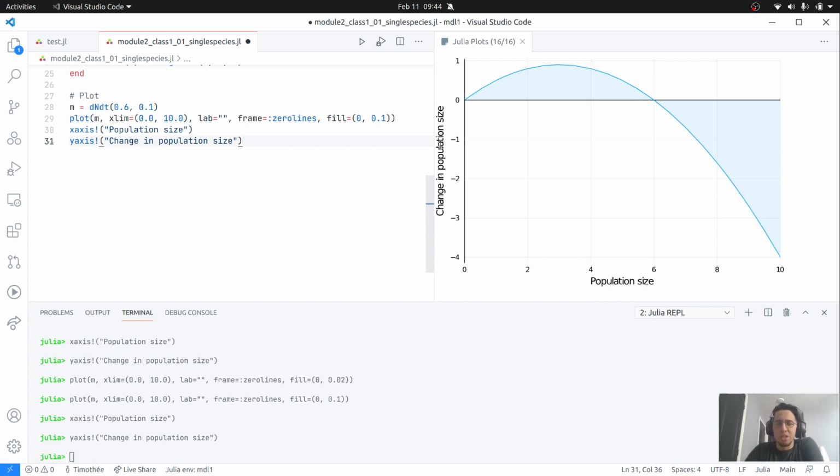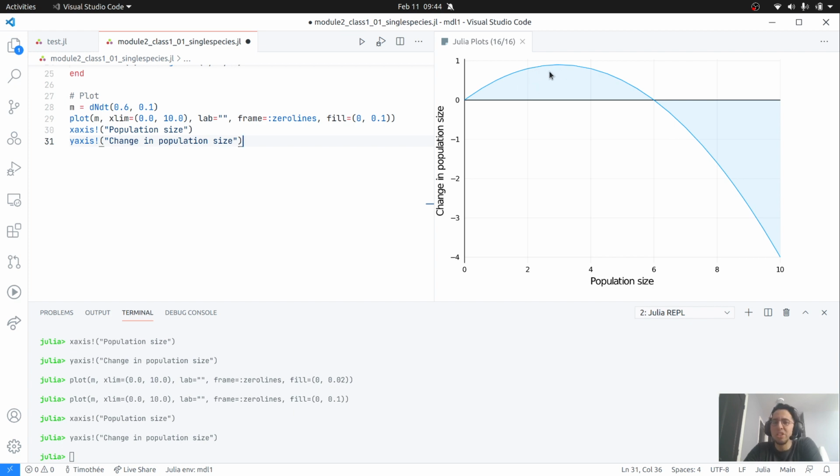We have a plot that is divided in 2 areas. We have one area from 0 to some value here, and up to this value, it is going to be positive. So if you have a population size of 2, then you will see a growth that is positive. And so the growth means that the population is going to increase and shift to the right.